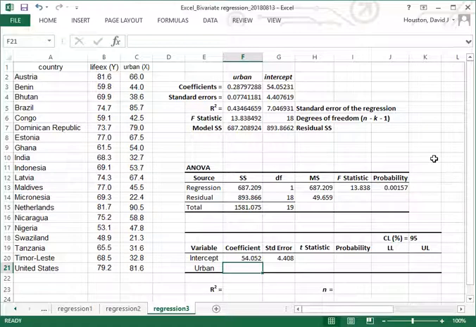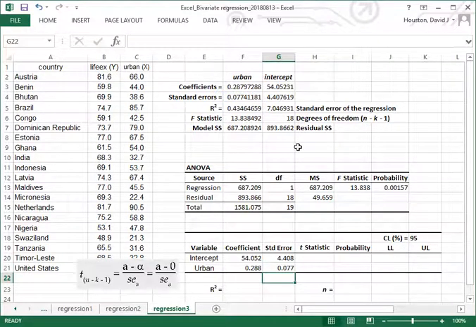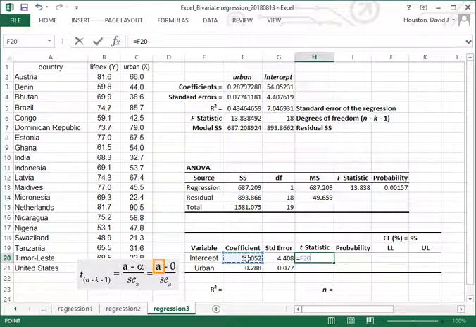Now the regression coefficient for the independent variable in the model is in the first column, first row of the LINEST output, and then its standard error is just below that. Now for any sort of t-test, what we can do is nothing more than take the coefficient and divide it by its standard error.